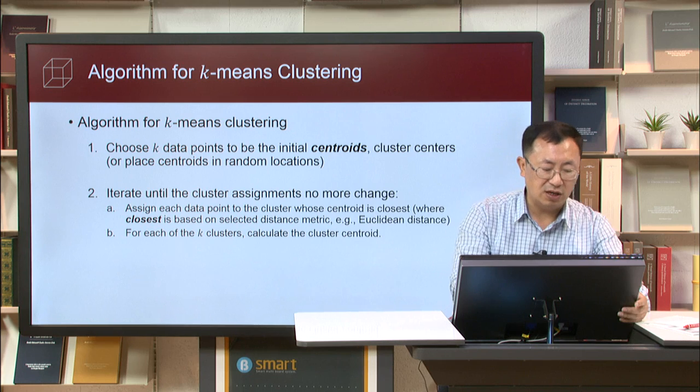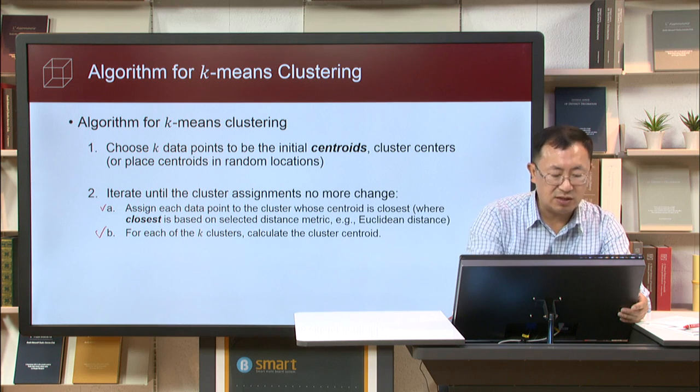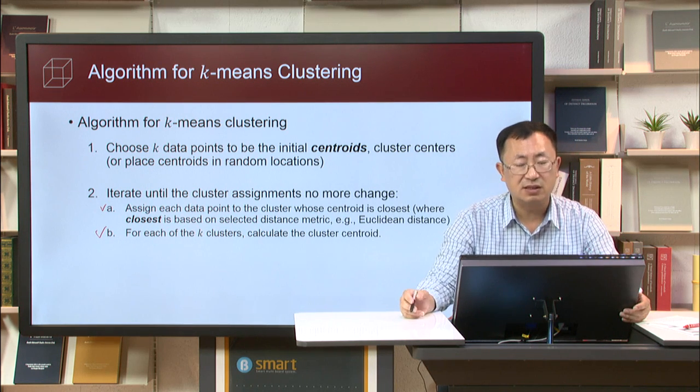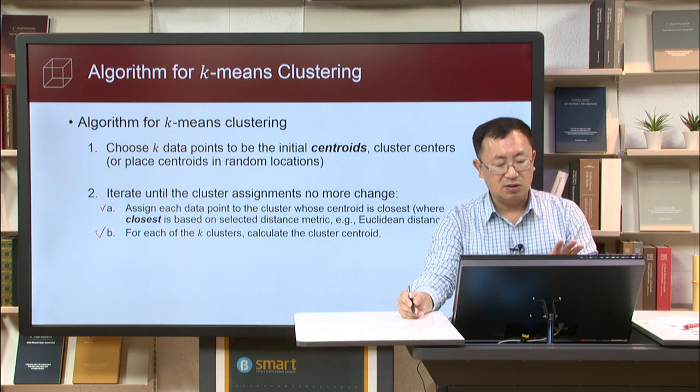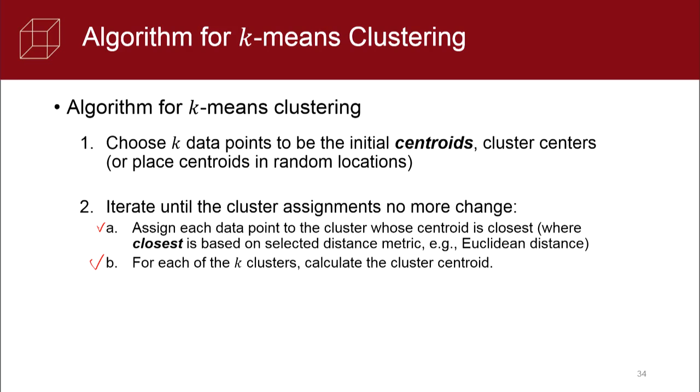Then we keep doing two steps iteratively until there are no more changes in the cluster assignment. We will talk about what the means refers to later on. Given the centroids, you assign each data point to the cluster whose centroid is the closest.